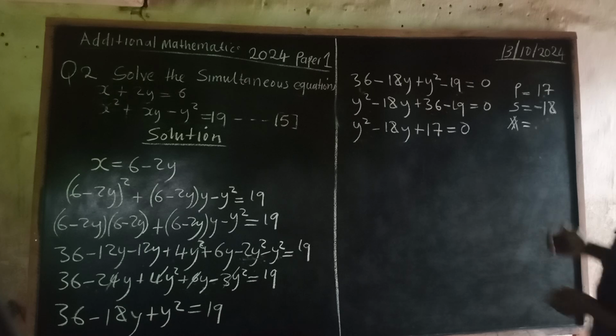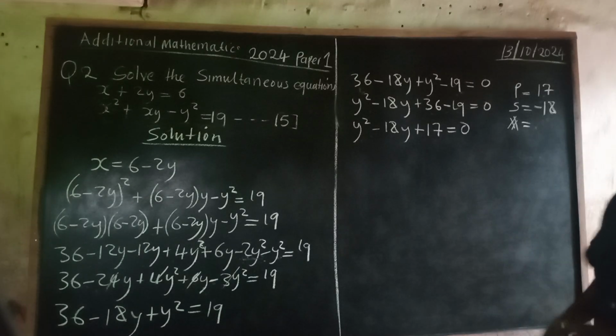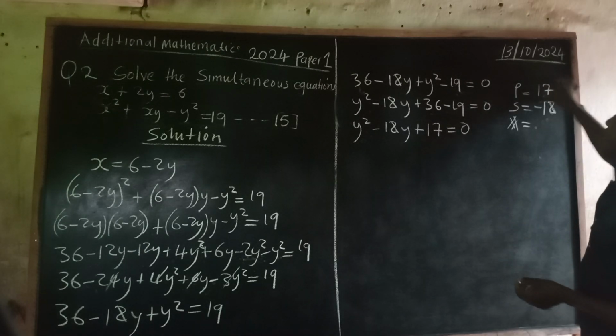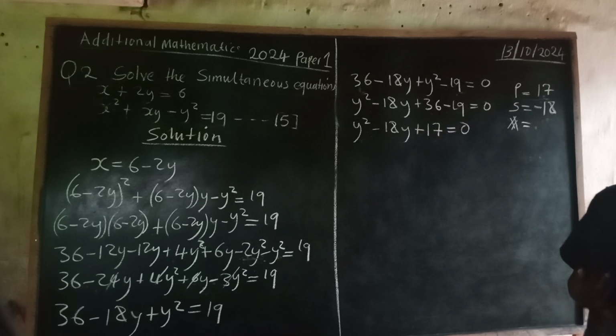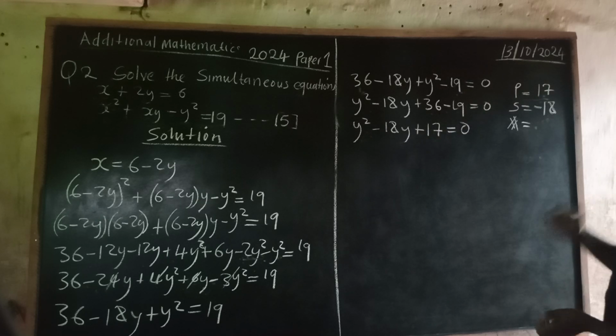So for you to identify those numbers, first of all, you need to list the factors of 17. The factors of 17 are 1 and 17 itself. There are only 2, so these are the numbers we can use.